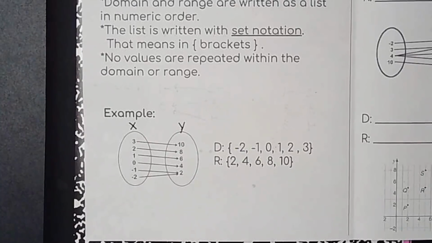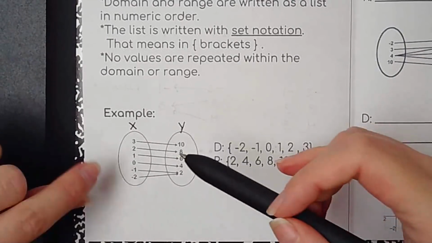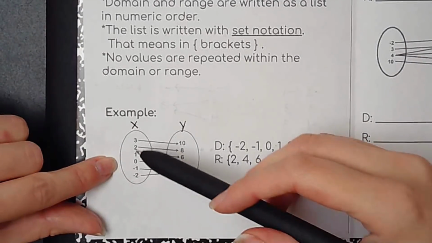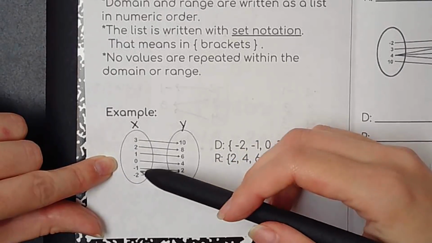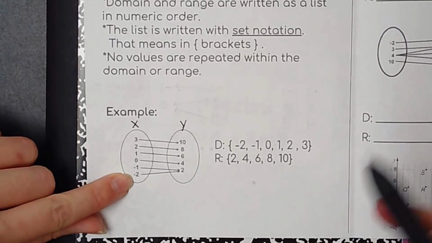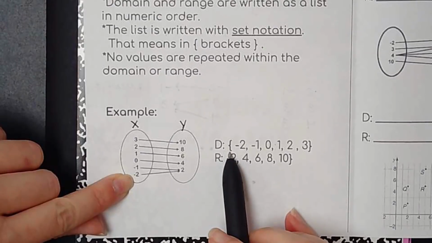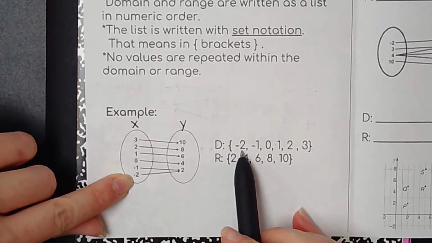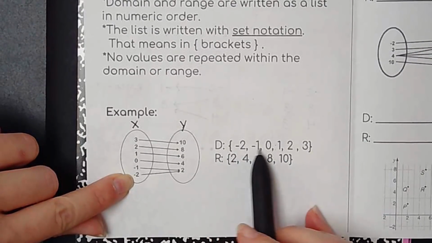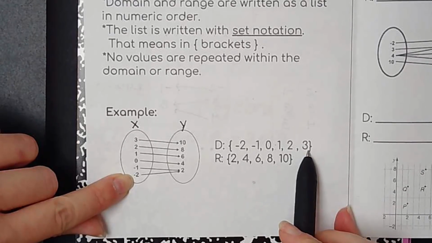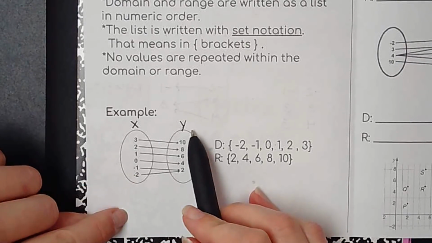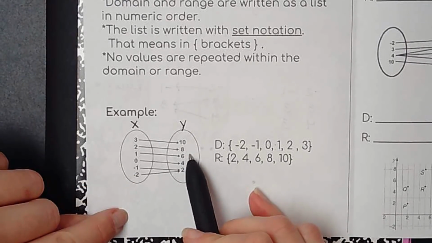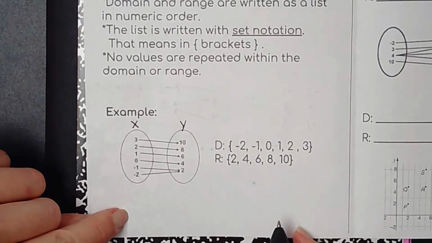My domain for my mapping diagram would be all of these x values. So I would just write out my list with my squiggly brackets with all of my x values from smallest to largest. And then the range is this list of all the y values. They also go in squiggly brackets, and they are also in order from smallest to largest.